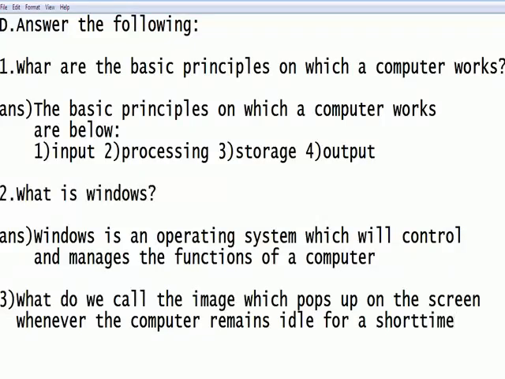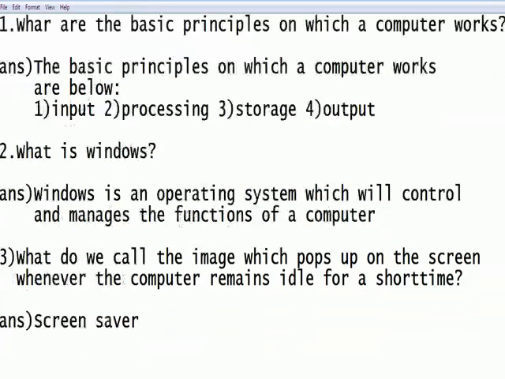So the answer for this question is screensaver. Screensaver is the answer.